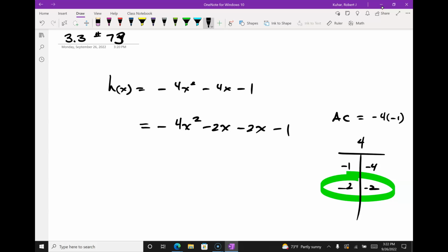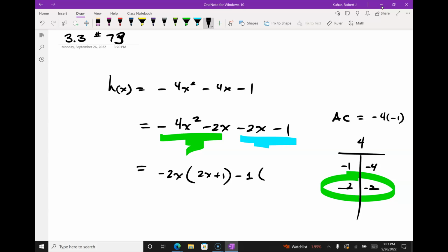Double checking that I haven't changed anything. And then I factor by grouping. So what comes out of the first two? It looks like a negative 2x. And what comes out of the second two? I need a matching number to come out of the second two. That looks like a negative 1.